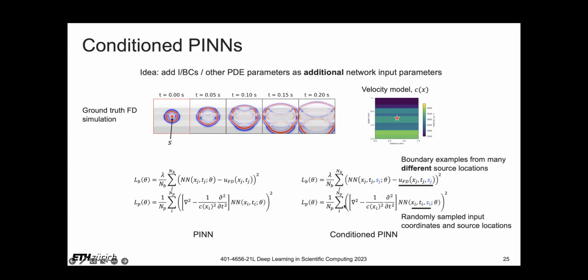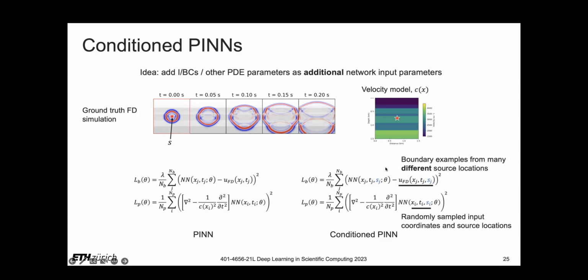The same thing goes for the physics loss, where we're going to sample not just points in x, y, t space. We're also going to sample random source locations and get the network to make sure the PDE is satisfied for any source location given inside the domain.